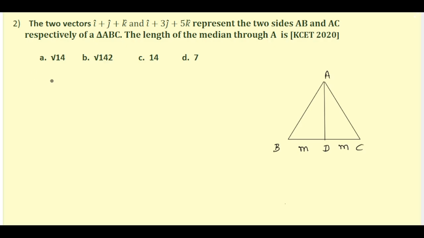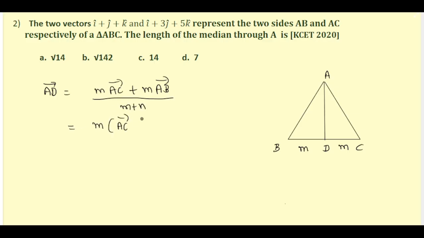Now using the section formula, we can write vector AD equal to M into AC vector plus M into AB vector divided by M plus N. We can take M as common.